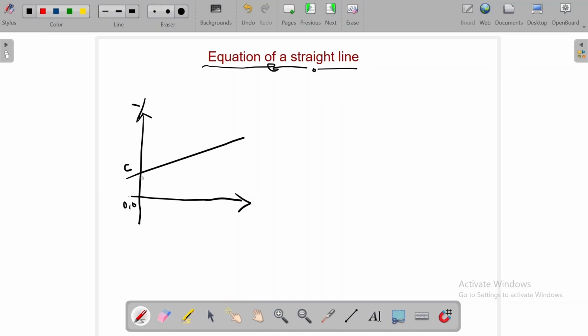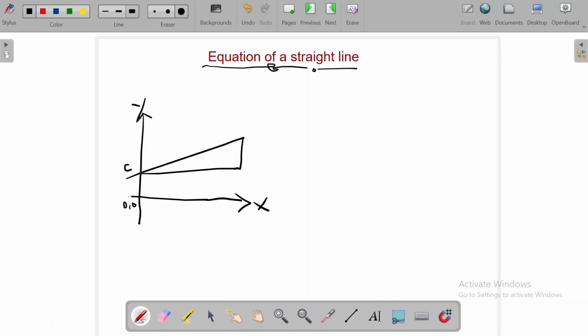Now, from the previous video, which I advise you to spend 10 to 15 minutes on to understand the concept of coordinate geometry, you would notice that I can produce a slope from this line. This axis here is the x-axis, and this is the y-axis.